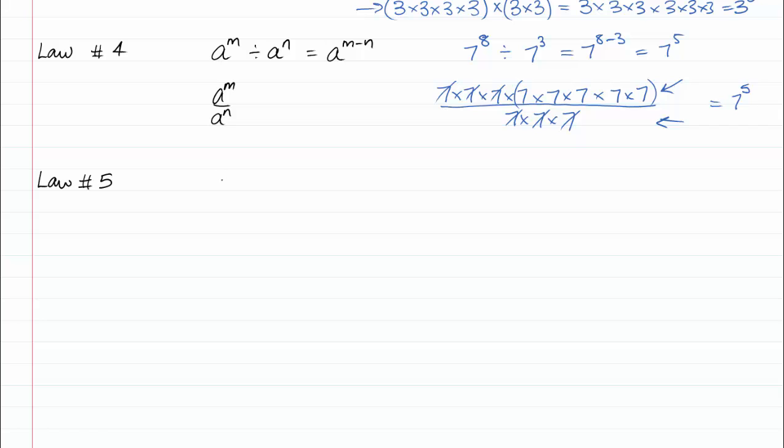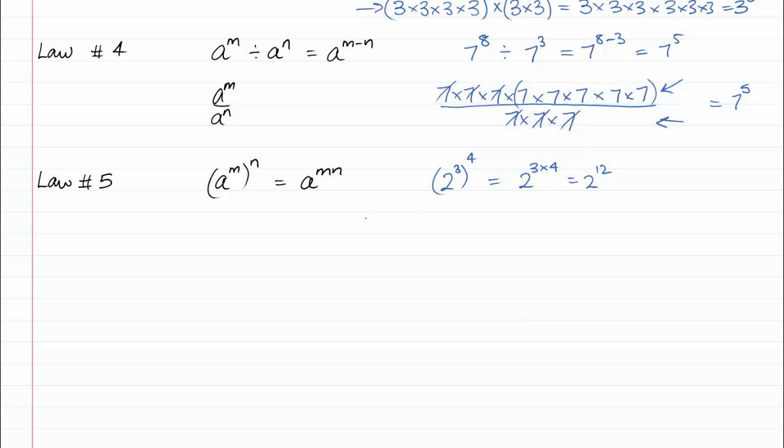Law number 5 states that a to the power of m, all to the power of n, is equal to a to the power of mn. And again, by way of example, let's use 2 this time. 2 to the power of 3, all to the power of 4. Well, according to the law, this should be 2 to the power of 3 times 4, which equals 2 to the power of 12.